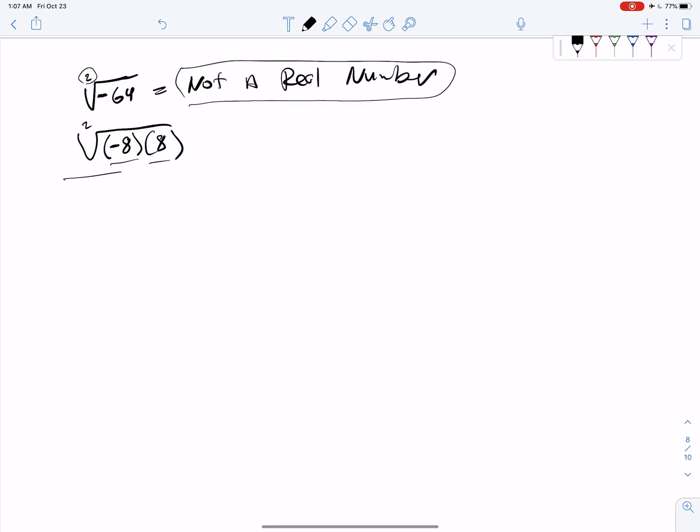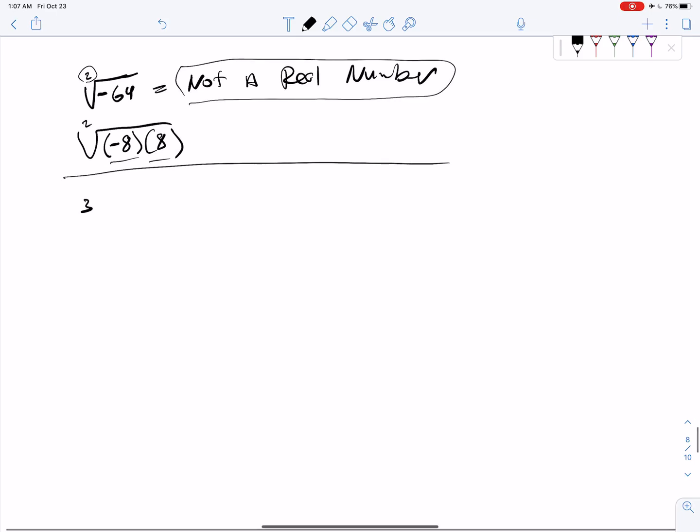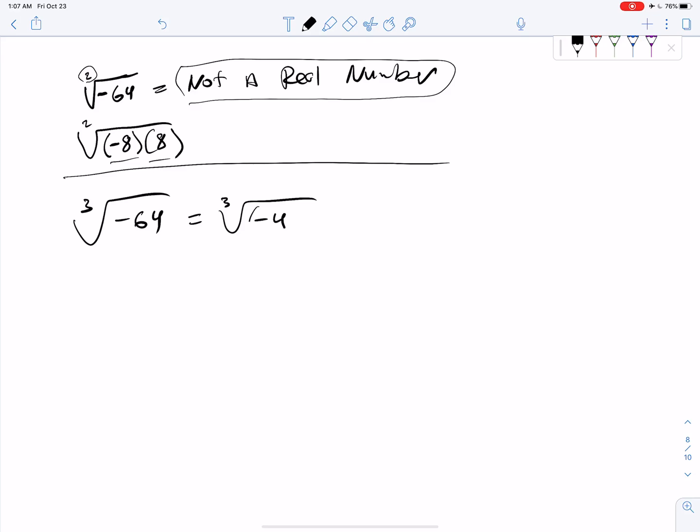But what would happen if it was the cube root of negative 64? That actually works out okay because negative 64 is the same as negative 4 cubed. And so the answer would still be negative 4.